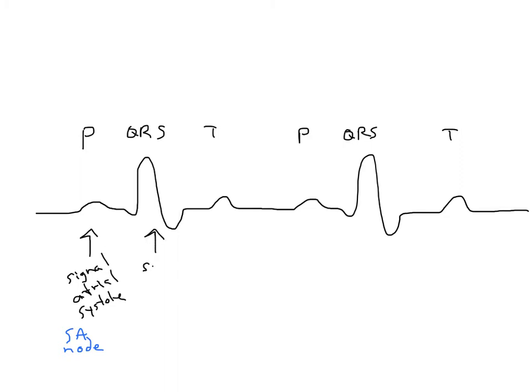The QRS complex is a signal for ventricular systole. At the same time, again, we said masked by this large complex is atrial diastole occurring behind this, so to speak, large peak.